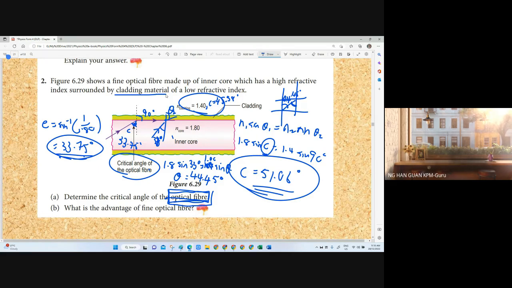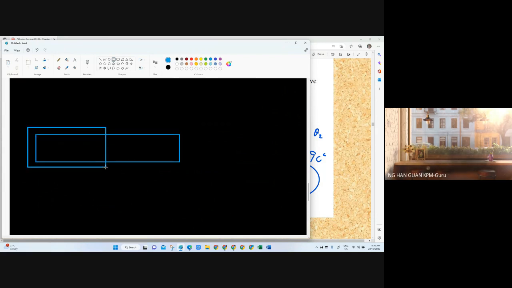So if without the outer cladding, okay, let me explain to you like this. So here there is the outer cladding. We have the inner core n equal to 1.80. Then we have the outer cladding n equal to 1.4.